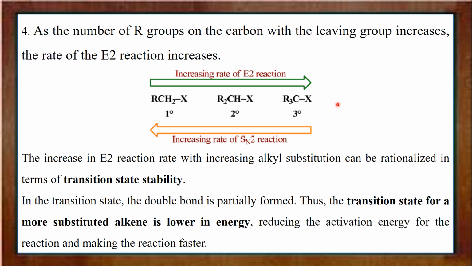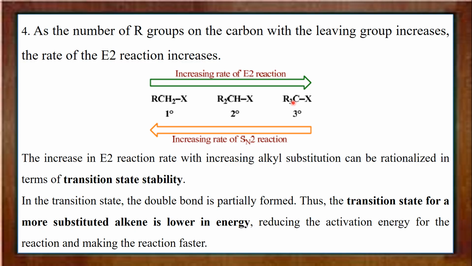Double bonded carbon atoms are sp2 hybridized. So when a carbon with a large number of bulky groups goes from sp3 to sp2, the bond angle increases from 109 degrees 28 minutes to 120 degrees.